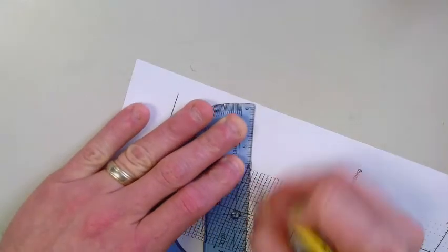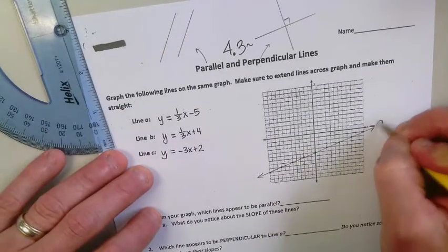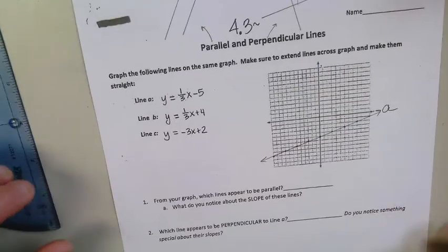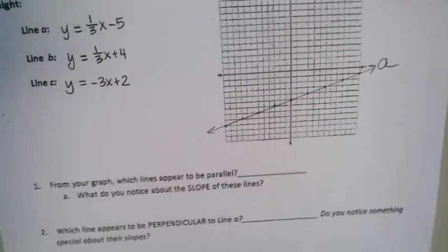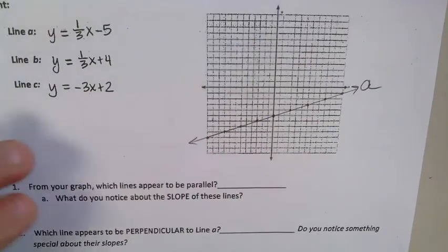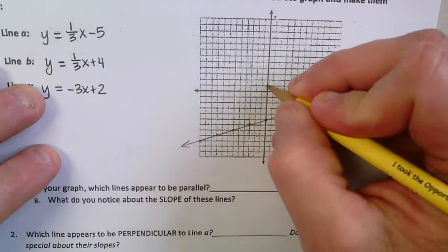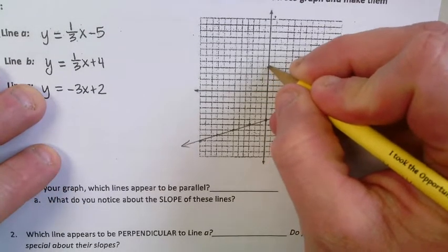I'll even write it right beside it. Since it says line A, line A: y equals 1/3 x minus 5. Hopefully that makes sense. Okay, next one says 1/3 x plus 4. 1, 2, 3, 4.